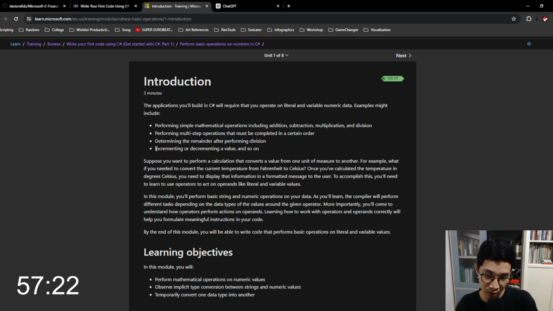The fourth point is incrementing or decrementing a value, and so on. We will see the second point later because I might spoil it for you, even though I haven't read this module yet.